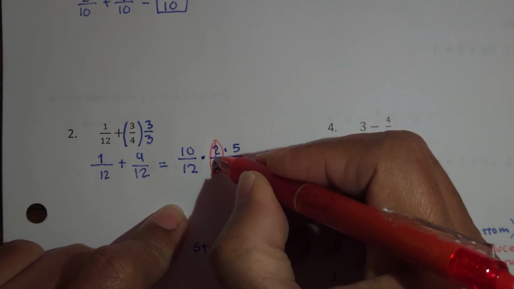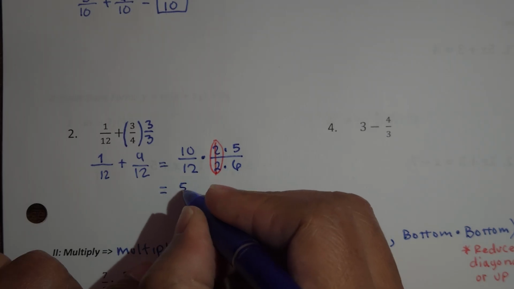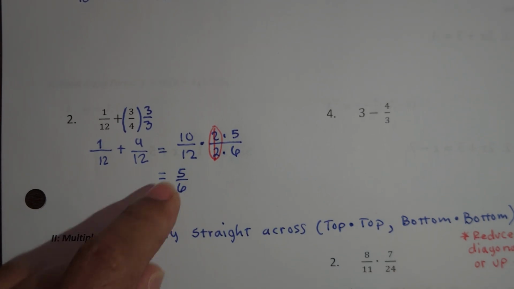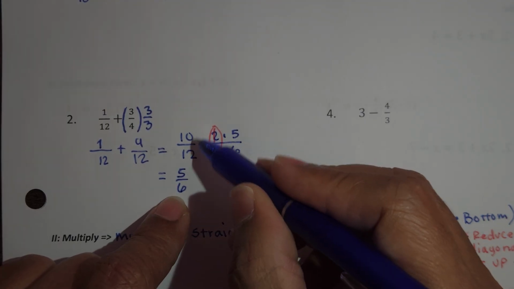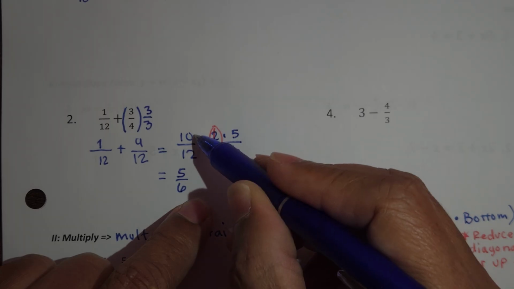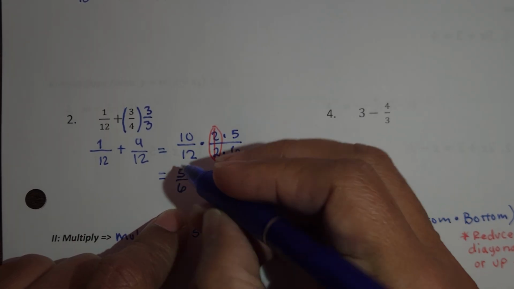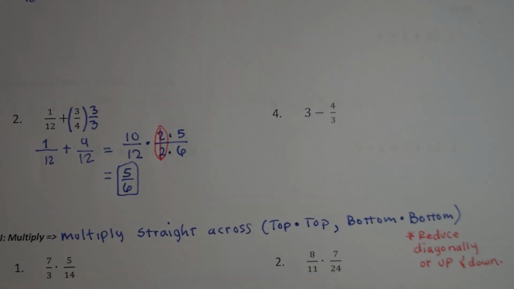So notice this 2 over 2 becomes a 1. So in the end, all that's left is 5 over 6. And I'm just using prime factors decomposition. Or you could also just think of it, okay, what number goes into 10 that also goes into 12? That's the number 2. So then 10 divided by 2 is 5, and 12 divided by 2 is 6. This cannot be simplified any further. So this will be our final answer for that example.